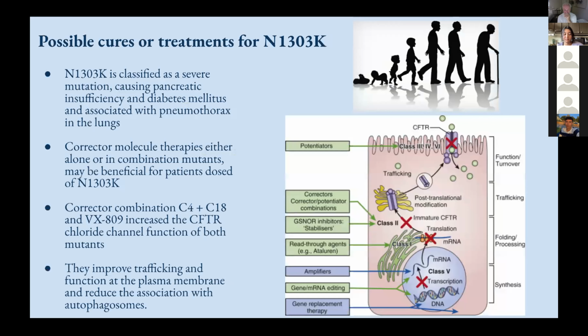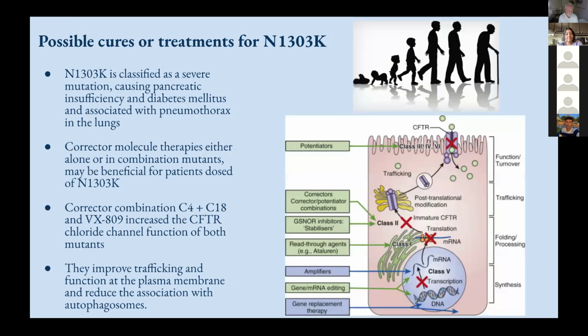A C4 and a C18 and a VX809. It can increase the CFTR chloride channel function. There's an improvement of trafficking function so that the plasma membrane can have cell access, and it reduces the association with the autophagosomes.